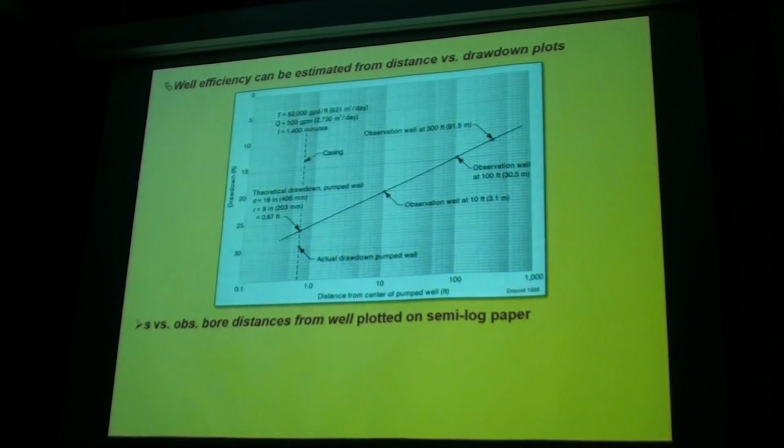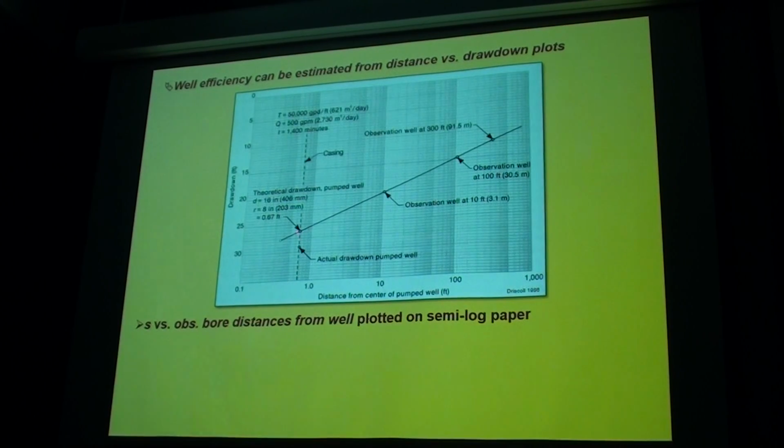Okay, so this is distance in the log plot here, and drawdown in your pump well, okay, and your OBS bores here. Now, theoretically, of course, this is the outside of the casing, a very small distance from the centre here. Theoretically, this should form a straight line through all these things. This is a log plot, and this kind of drawdown was curved.